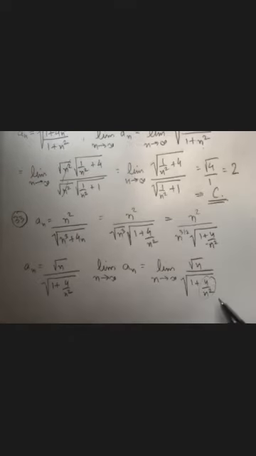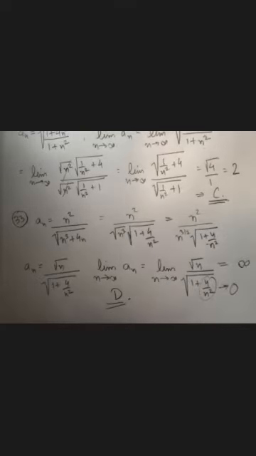This term goes to 0. So then the denominator is 1. But when n goes to infinity, this goes to infinity. So your answer is then infinity. Therefore, this diverges. Let's do next problem.